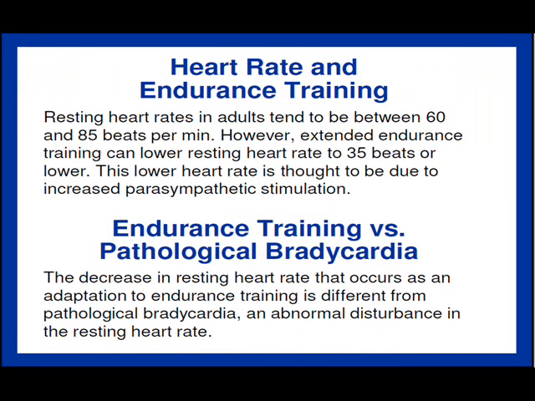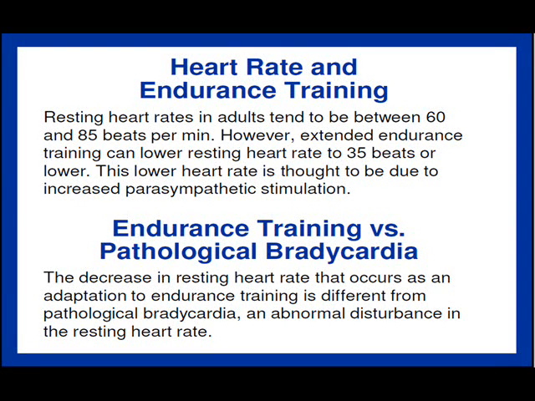Okay, heart rate and endurance training. In terms of resting heart rates in adults, in general, anywhere between 60 to 85, even 100 beats per minute seems to be about normal, okay? With endurance athletes, particularly elite endurance athletes, they can get their resting heart rates down to 35 beats per minute. Just sitting there like you are at the moment, okay?